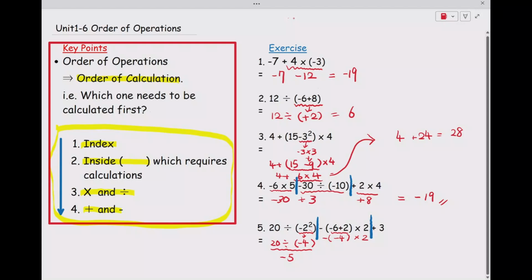When there is a minus sign in front of brackets, you can take out the brackets by changing the sign of the number inside the brackets. In this case, change the sign to plus, so it becomes plus 4 times 2, which is equal to plus 8. And therefore, the original equation becomes minus 5 plus 8 plus 3. And you get plus 6 as the answer.